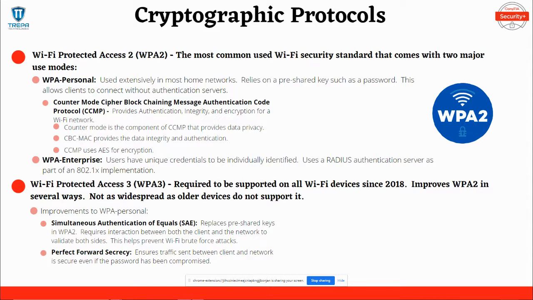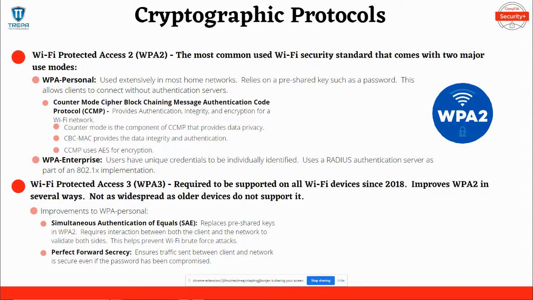Wi-Fi Protected Access 2, or WPA2, is currently the most commonly used Wi-Fi security standard, and it comes with two different modes to authenticate and encrypt our Wi-Fi enabled clients. WPA2 Personal uses pre-shared keys to authenticate to the wireless network. This deployment is typically done in home networks where a passphrase is needed to access the wireless network.